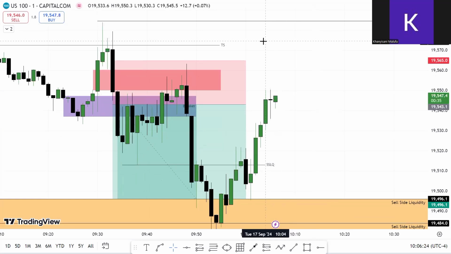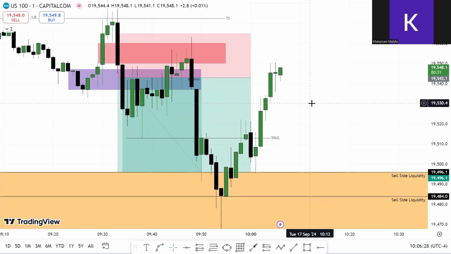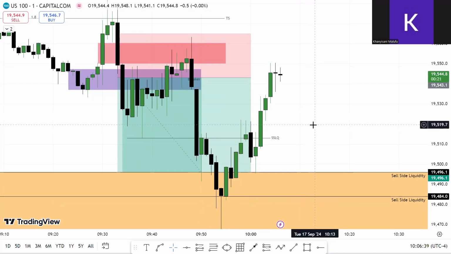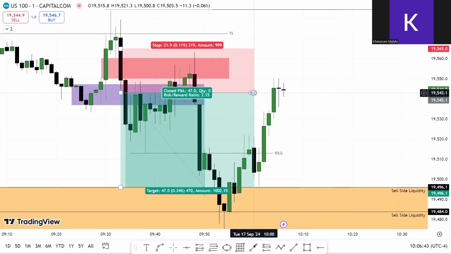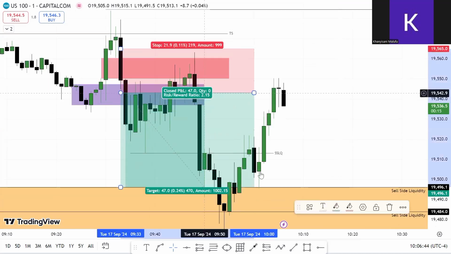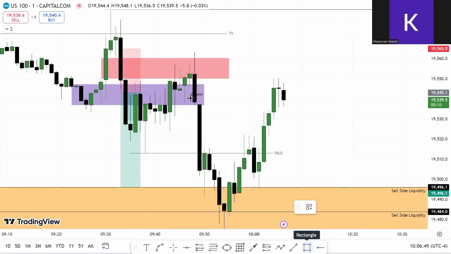At the bottom there, on the fair value gaps, it wasn't leaving. Oh, it's breaking really bad. So it left that fair value gap.